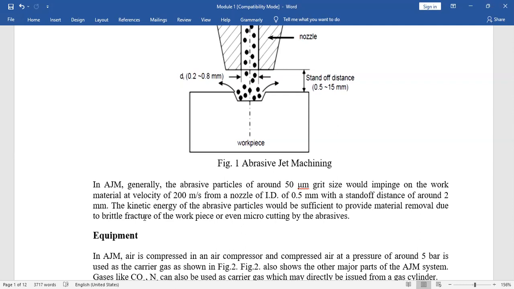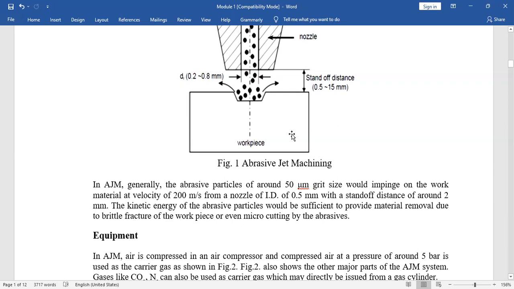So if you see the stress and strain diagram of a ductile material, there will be much deformation. Generally, abrasive jet machining is applied to brittle material. In brittle material, brittle fracture is done with the help of the abrasive, and due to this brittle fracture the material comes out from the workpiece, or even by micro cutting of the abrasive.